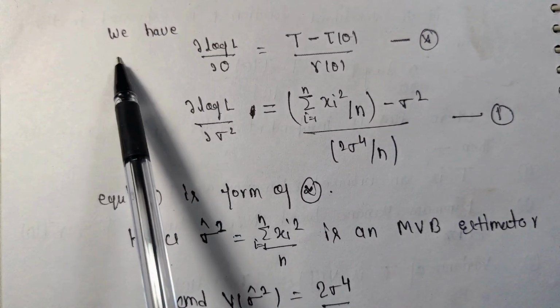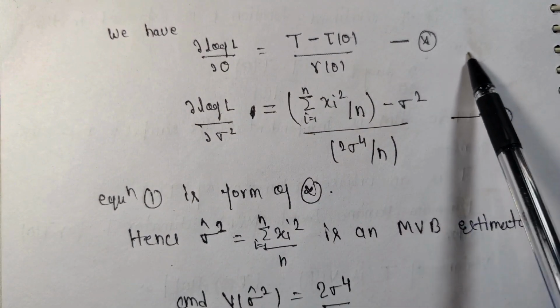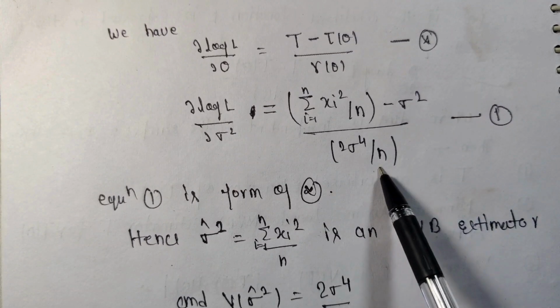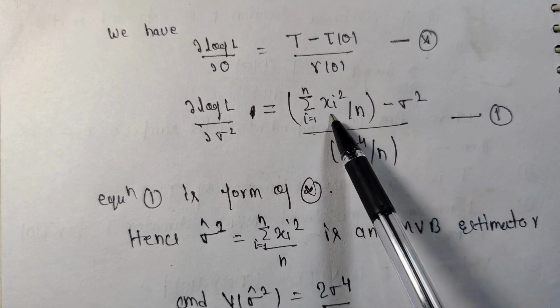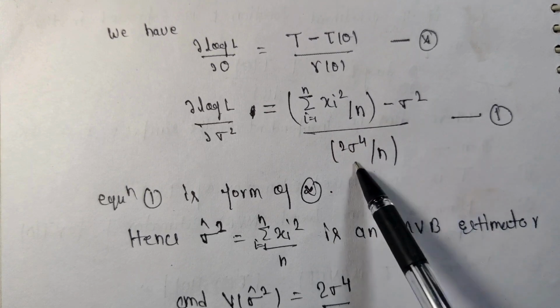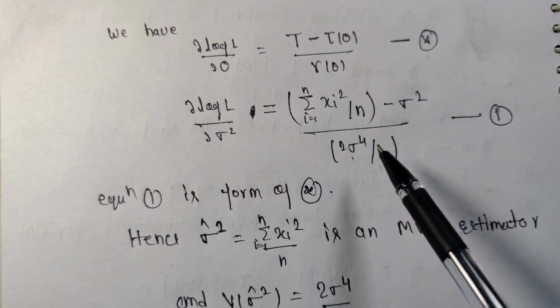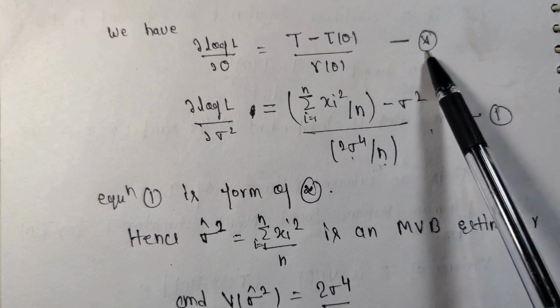Okay, so this is the standard form which I mentioned in the Cramer Rao inequality lecture, and our resultant for this problem is del log L by del sigma square is equal to summation xi square by n minus sigma square upon 2 sigma power 4 upon n. Now you can see here this equation number 1 is the same as equation number star.